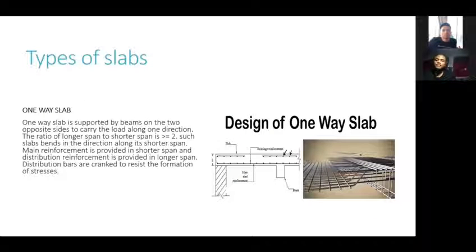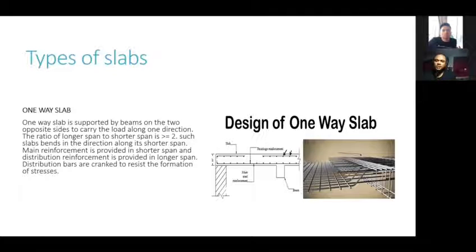Types of slab. There are 2 types of slab, which are one-way slab and two-way slab. Okay. One-way slab is supported by beams on the two opposite sides to carry the load along one direction. The ratio of the longest span to the shortest span is more than 2.